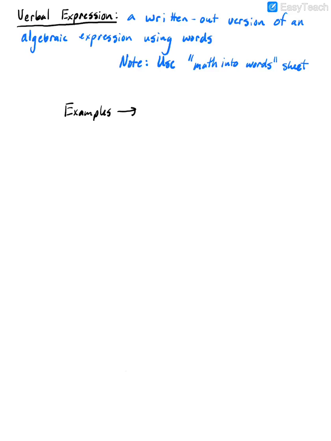You want to do that because we're going to do, like with your Desmos card sort, that's what you're going to have to write on. Okay, so just keep that in mind. So some examples of that would be if I gave you the algebraic expression of v plus 2, then writing it out in verbal would be a number v plus 2.